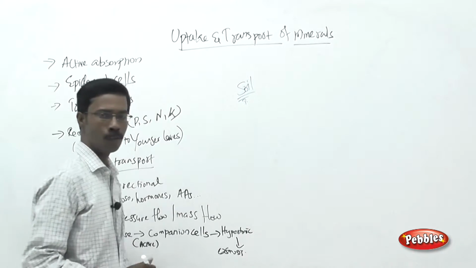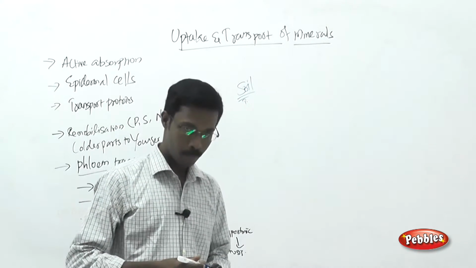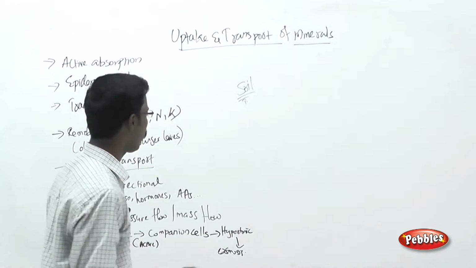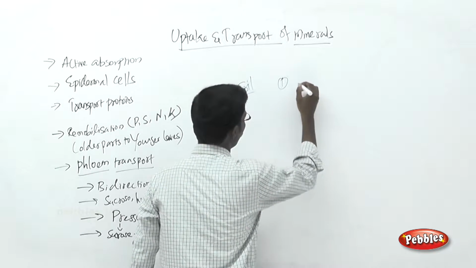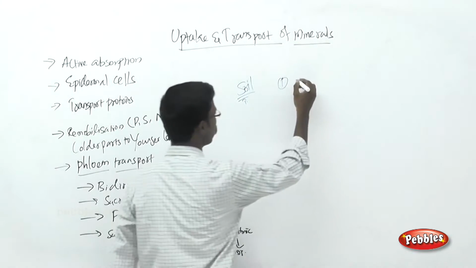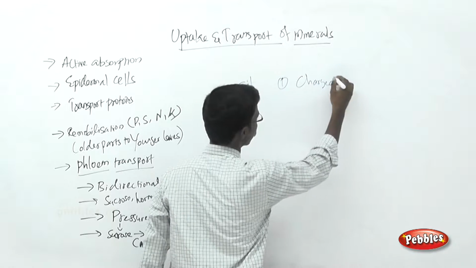Two points you have to remember here. The uptake of minerals differs somewhat from water uptake, because normally the minerals are in the soil in the form of ions, charged particles.